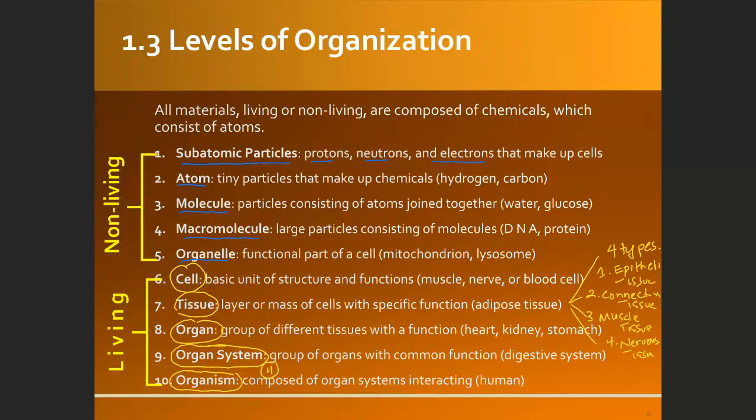And the cell consists of molecules, water in it, lipids like in the cell membrane, the nucleus. There is DNA, which is also molecules, and molecules are actually combinations of atoms, and each atom has protons, neutrons, and electrons. So these are the organizations of living. The simplest ones will be atoms, and the most complex one will be the organism.